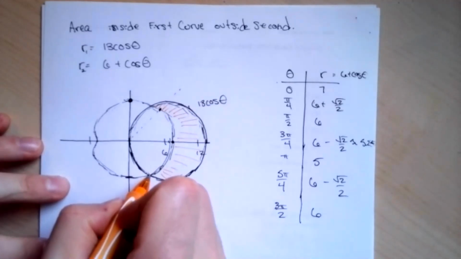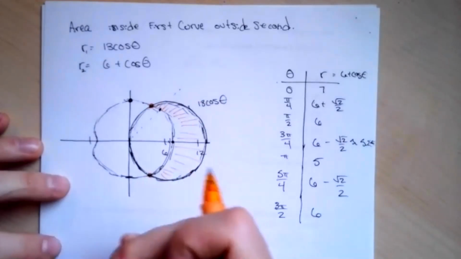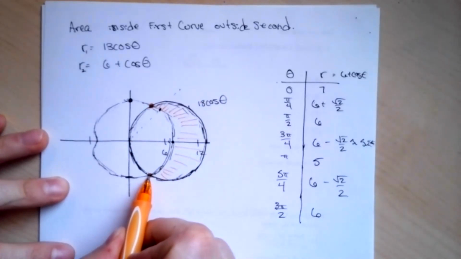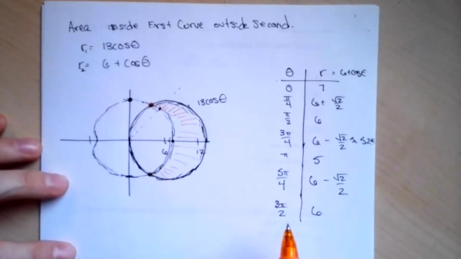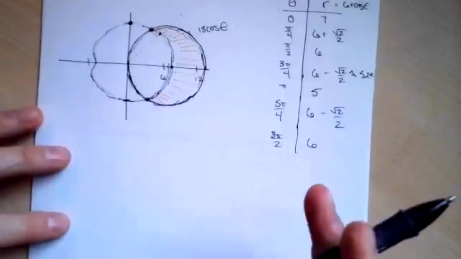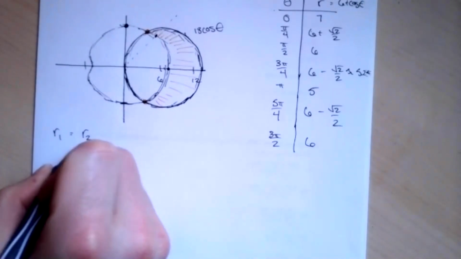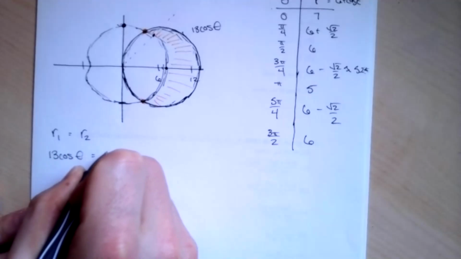So what we need to do is find these intersection points. And moreover, we want to find them in a continuous range. So it'll probably start at a negative theta, and then as we go around, positive theta to there. So you want to just set those equal to each other to find those thetas.